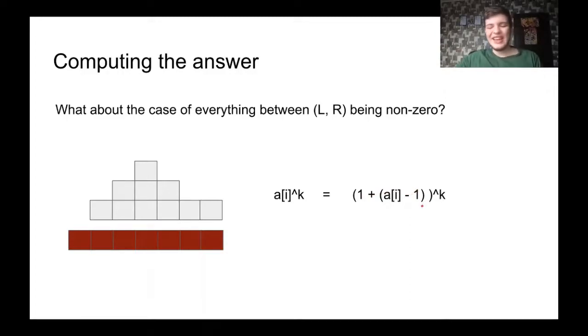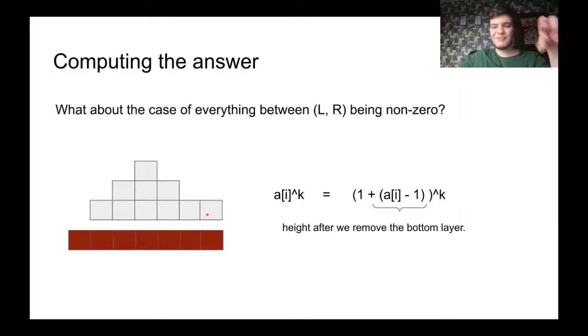It's obviously the same. It may look kind of weird, but the main reason we are doing this is that this +1 in the beginning comes from taking away this bottom layer. And you can notice that this ai minus 1 is going to be the height of every position in the hill after we remove the bottom layer.